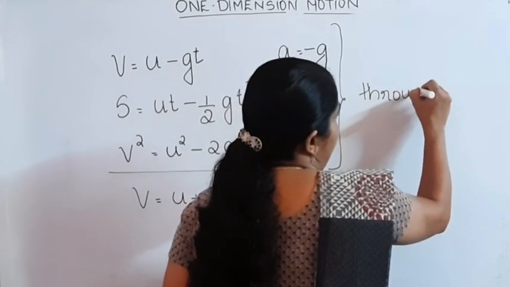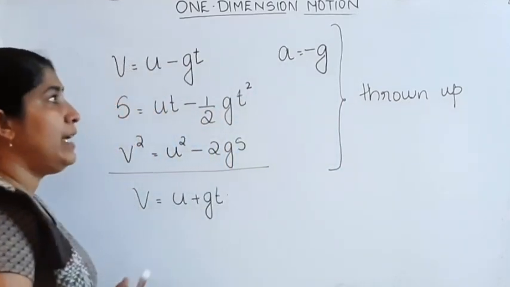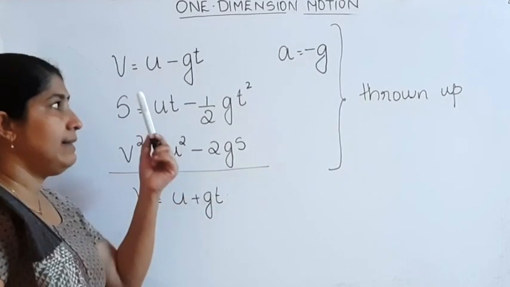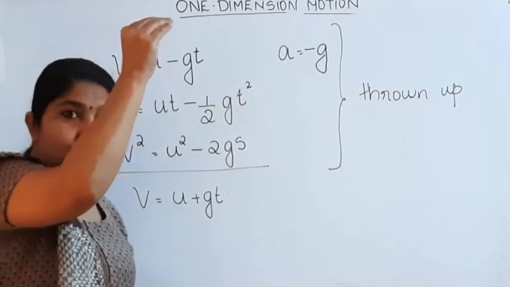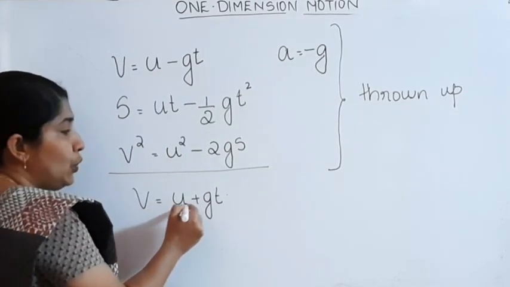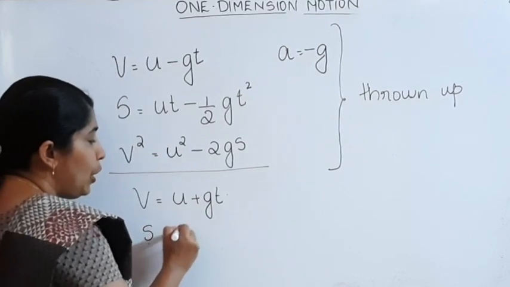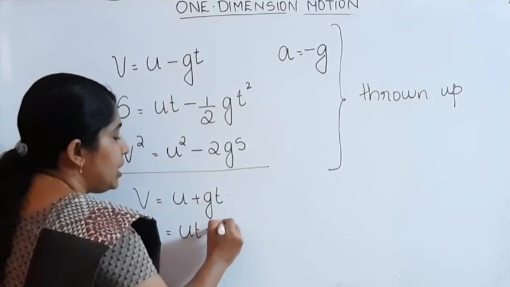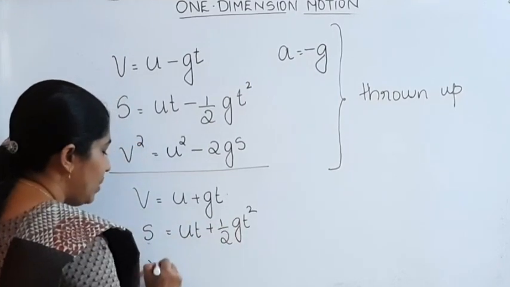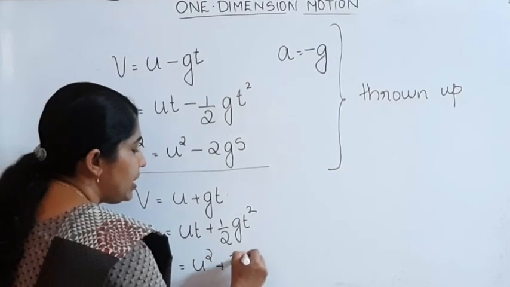V is equal to U plus GT, S is equal to UT plus half GT square, and V square equal to U square plus 2GS.